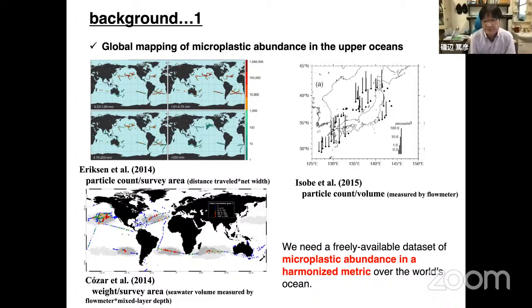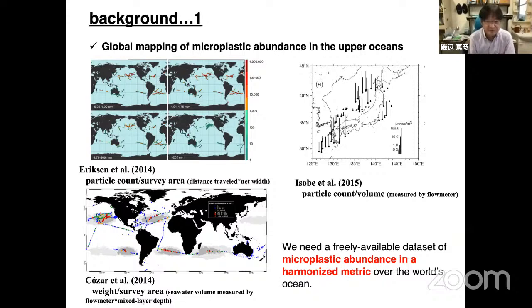At nearly the same time, we published the mapping of the microplastic abundance in the surface layer around the Japan Islands. In this case, we used the particle count by volume of seawater measured directly by flow meter, so this is directly obtained by surface net towing. Also, this data is very difficult to directly compare with the previous 2 results.